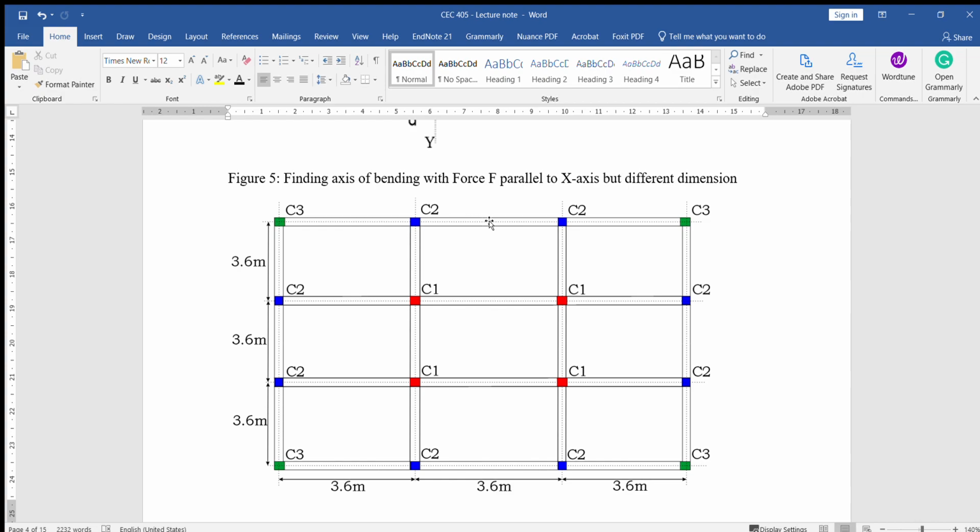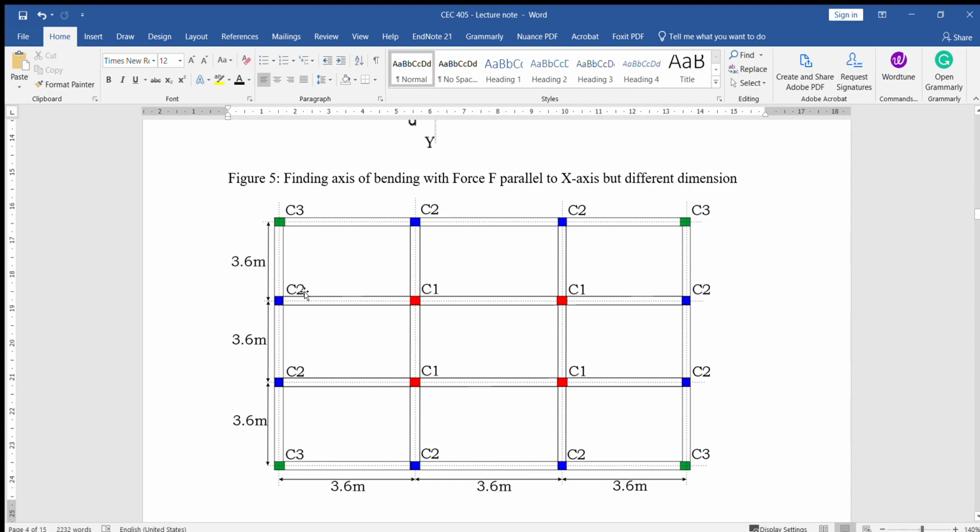Now look at what we have here. This is a sample of a plan, and I have different columns, with different colors that I have here. All these are columns at those joints. When I have a column like this, the first thing to consider is what's the distance here, and here, and here.